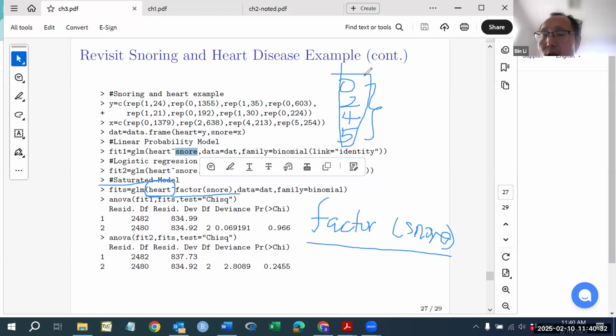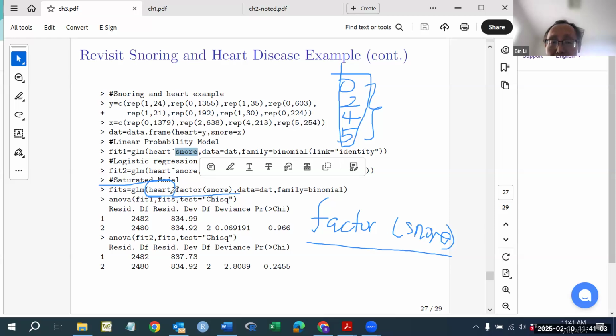So in other words, we don't have this 0, 2, 4, 5 relationship. We just modeled each level by its own heart disease rate, without assuming the relationship is 0, 2, 4, 5 anymore. So we modeled each snoring level by its own heart disease rate.